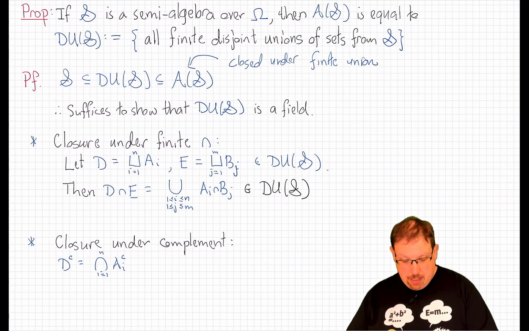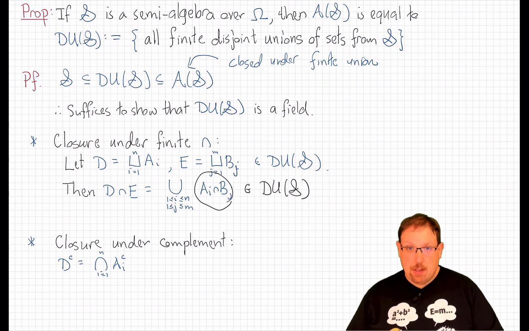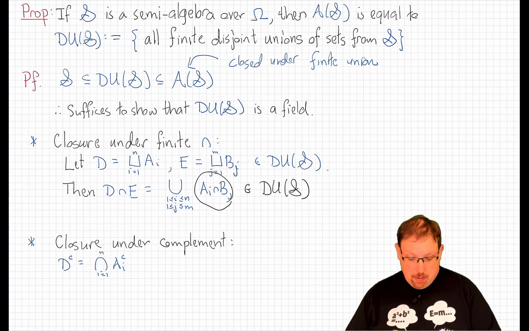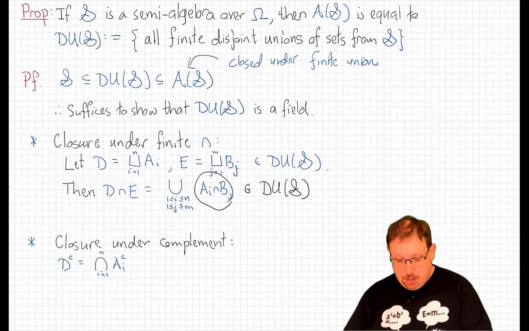each of these pieces is in S. And so to show that this union of them is in du of S, we simply need to show that this is a disjoint union. And that I will leave to you.